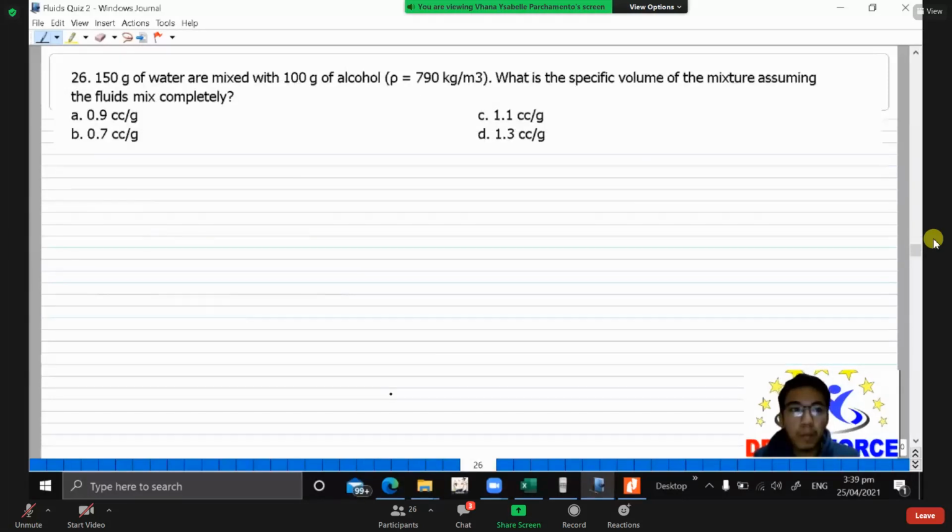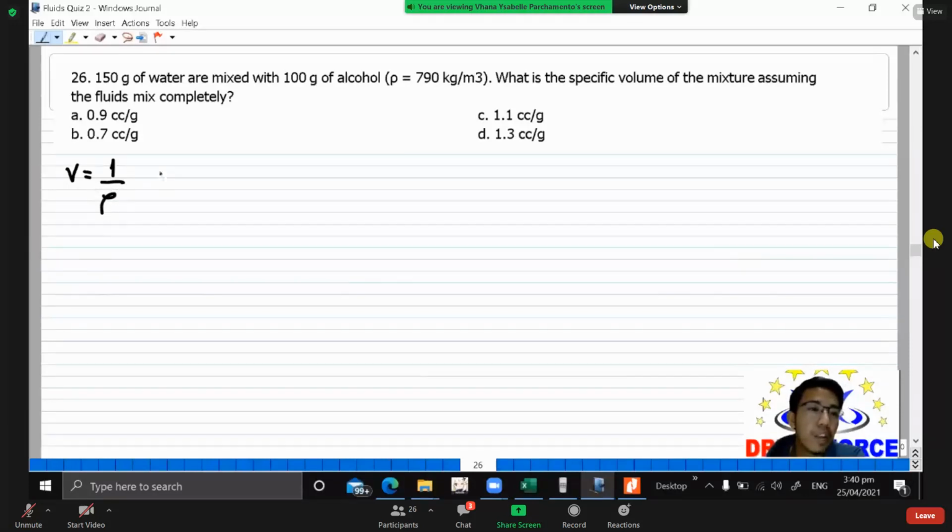Okay, next, number 26. Okay, so 150 grams of water are mixed with 100 grams of alcohol, given density, 790 kilograms per cubic meter. What is the specific volume of the mixture assuming the fluids mix completely? Okay, ang hinahanap is yung specific volume, that is simply yung inverse ng density.